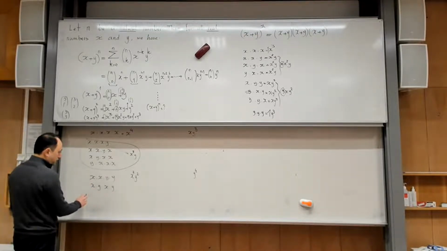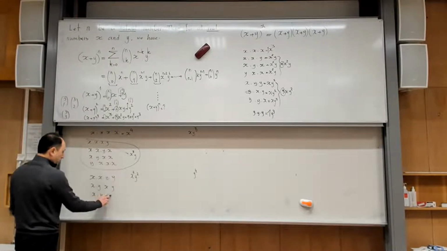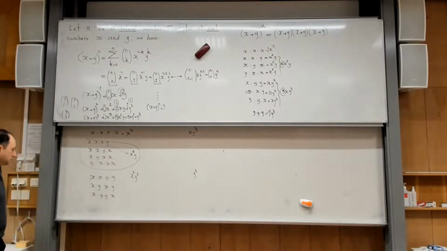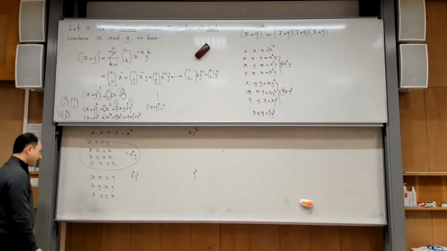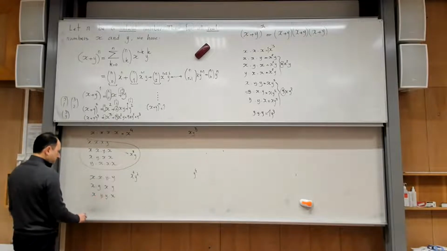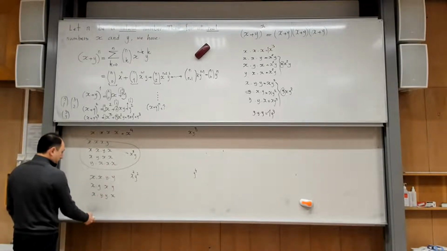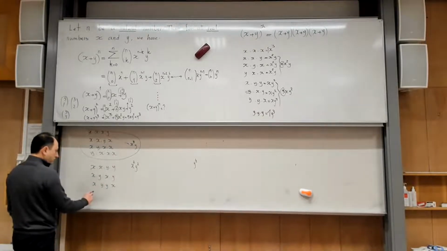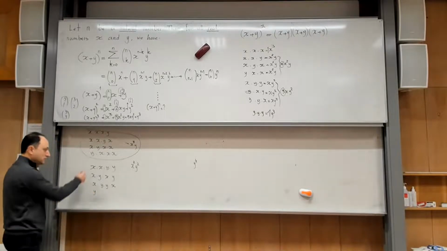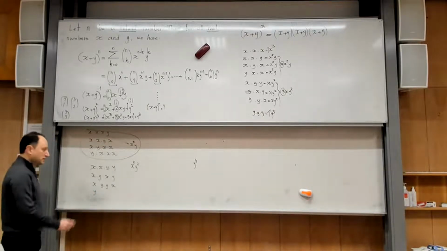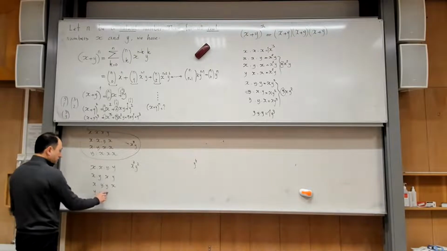Is there any way that I can start with the x? Yes. So let me write x, y, y, x. And then at the beginning, can I start with an x still? Yes or no? No. Apparently no. Okay, and then let me start with a y. So this means that I can change x's to y's and y's to x's, yes? So this becomes y, y, x, x.